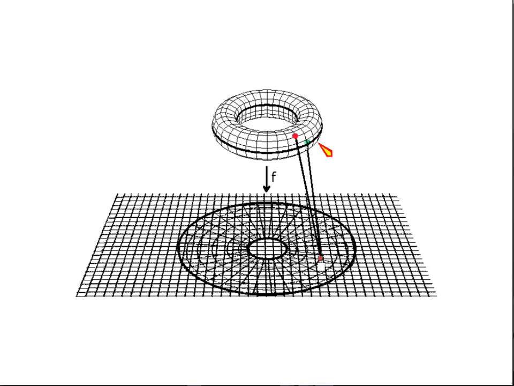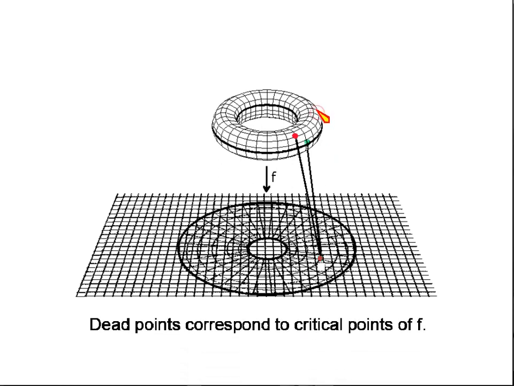So if I take the differential of this function f, I'm linearizing the situation, and I look exactly at what happens to the tangent planes. A tangent plane goes to a tangent plane. Okay, or a tangent plane goes to something of lower dimension. It goes to a line. That's where I cannot do what I was trying to do. How can I find them?